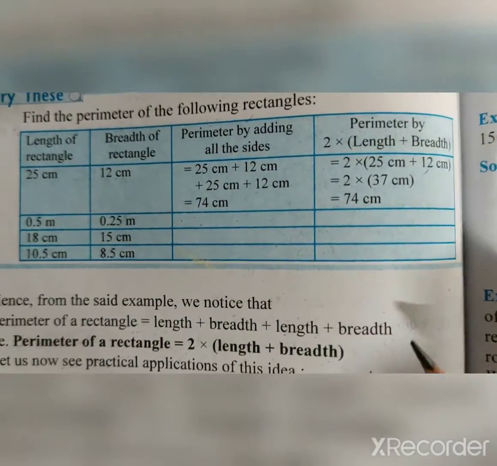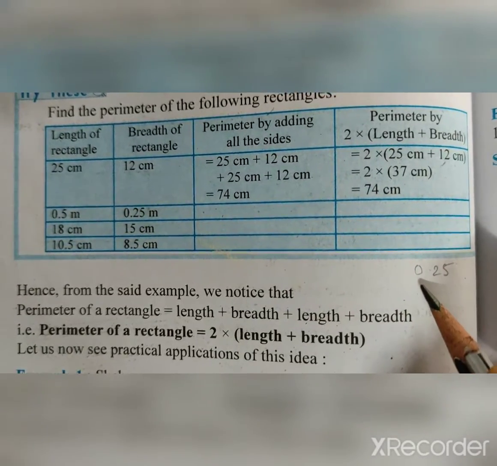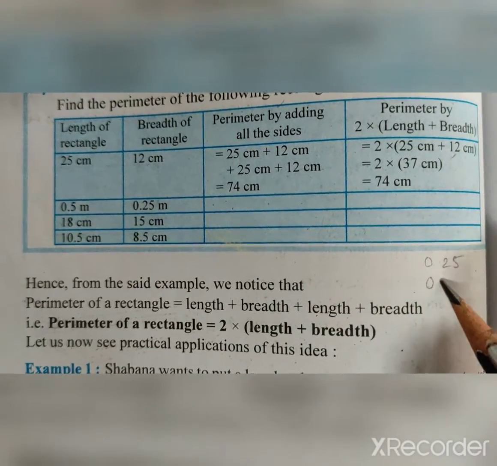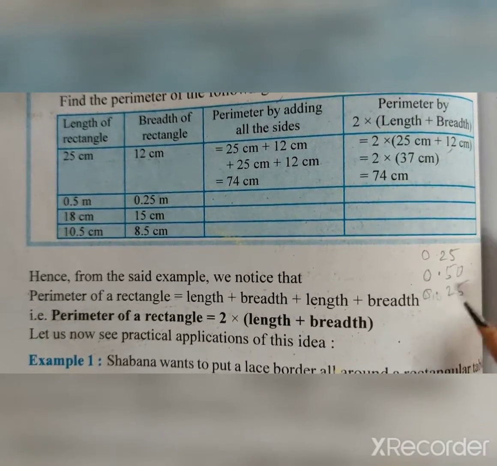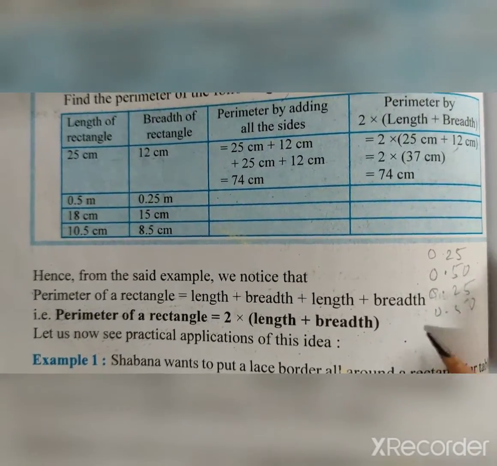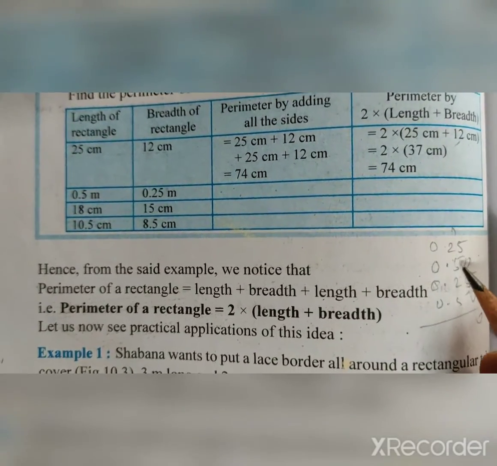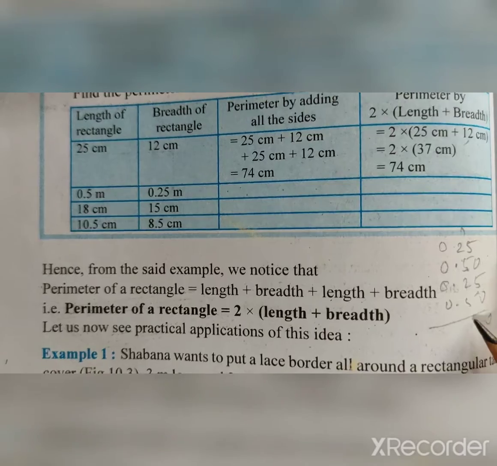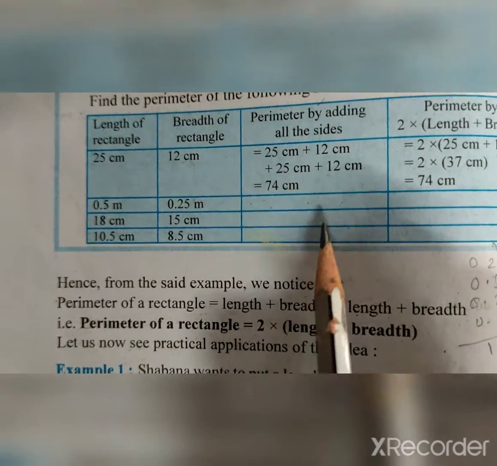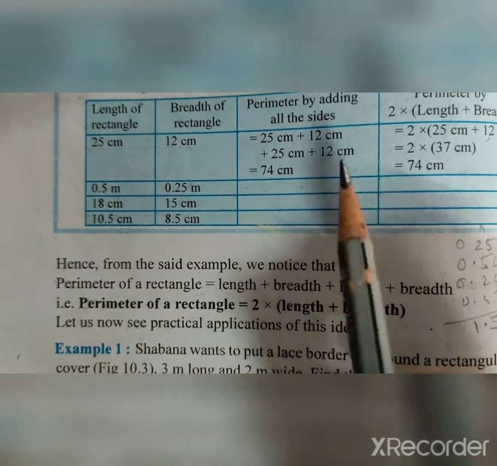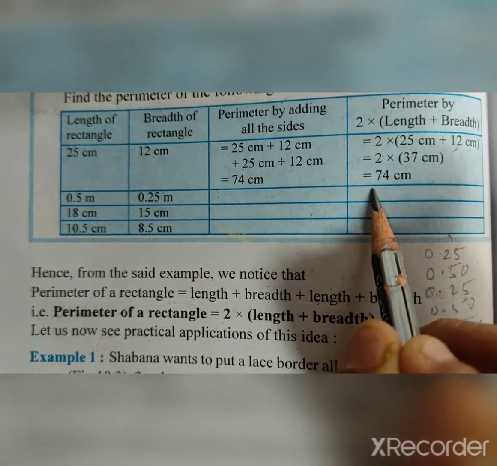I am solving here. 0.25, then 0.5, again 25 and then 0.5. So 5, 5, 10, carry over 1, 2, 1, 3, 5, 3, 8, 2, 10, 15, 5, carry over 1, 1.50. That means 1.5 meter. You will write the answer. Then here the formula.